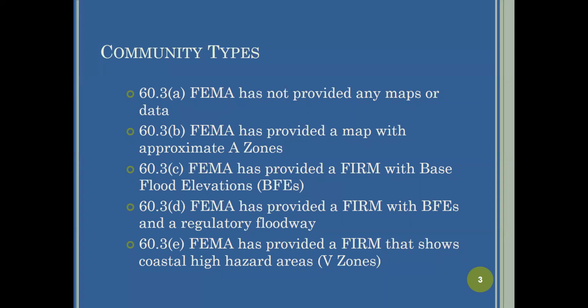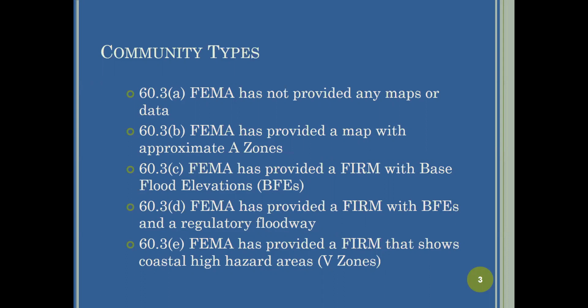This basically says what your community requirements are based on what mapping is in your community. So if you're out on the eastern plains of Colorado and the state's mapping program hasn't got to you yet, then you're very likely an A community.